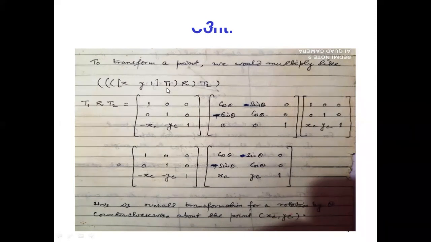So this is the translation, this is the rotation, and again translation. We do this whenever we want to rotate the object about an arbitrary point. Now we can write T1 R T2 in this way.